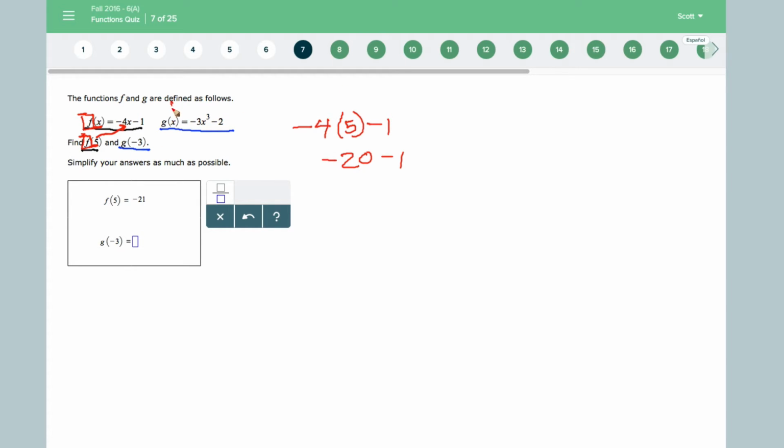So -21. If we do the same thing for the g function, we see, hey, instead of x, we're putting a -3. So we're going to take that -3 and put it right there for x. So -3, parentheses, and what are we putting in for x? -3, right?